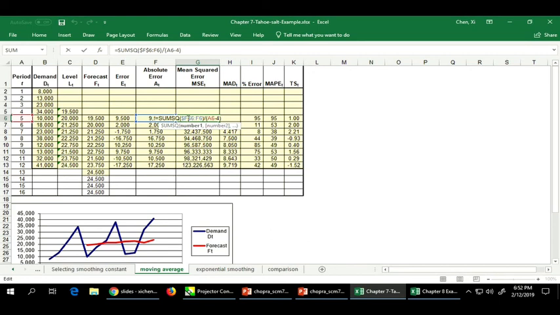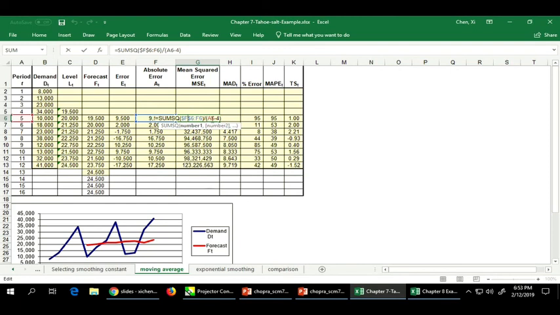So this cell is the sum square. Sum square is a function that first squares all the values in the vector and then sums them up. So in this case, we're summing over only one value and then divided by the total number of periods we're averaging over.